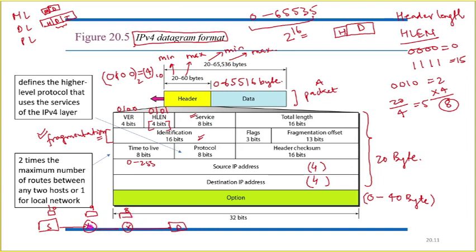So this time to live is an 8-bit value, or in decimal we can consider it a decimal value, that indicates the total lifetime of the packet, or how many switches or routers a packet can pass through. Suppose this time to live value becomes 0. If the time to live value becomes 0, then that packet will be dropped.